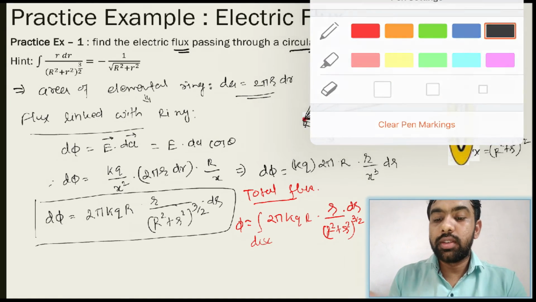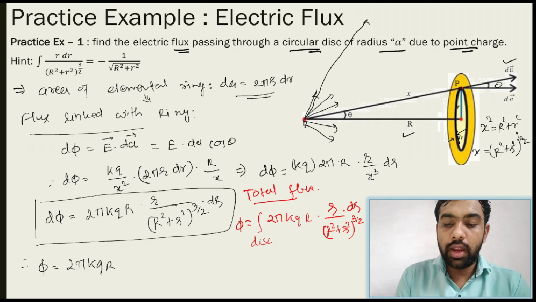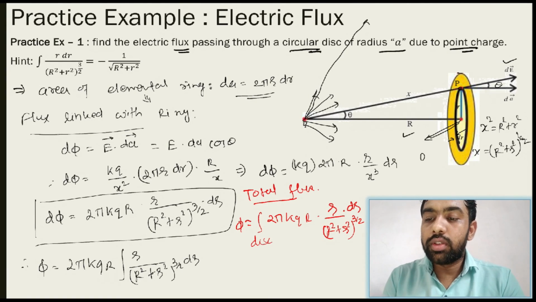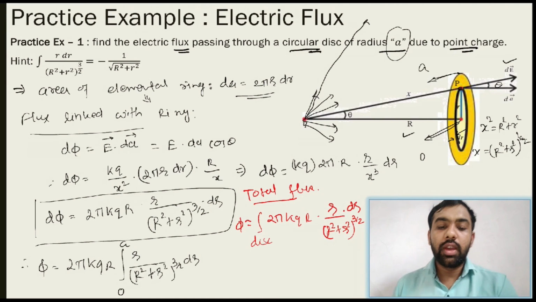So φ is equal to 2 pi kqR integration of r upon r square plus R square raised to 3 by 2 into dr. So what is the limit? If you consider the center, the limit is 0. If you consider the periphery, the limit is the radius of this disc, a. So the limit is 0 to a.